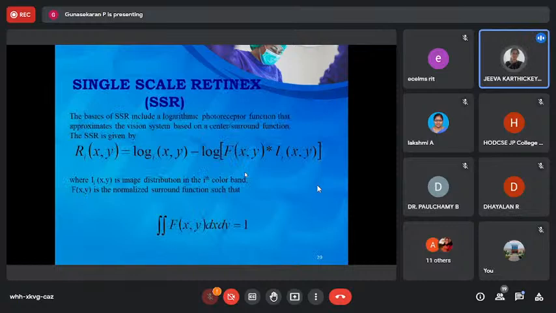Single scale Retinex is a logarithmic function applied to the original image for the ith band. At each level we apply the logarithmic function. It is used to enhance the contrast of the original image, reduce the noise content, and also reduce compression artifacts.